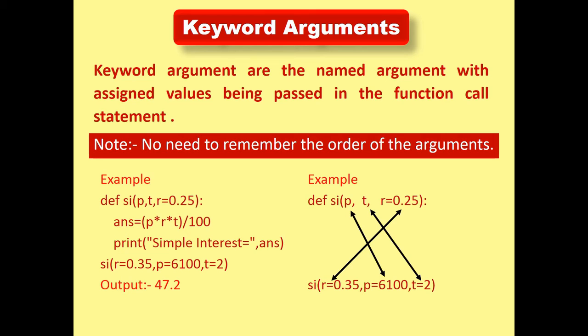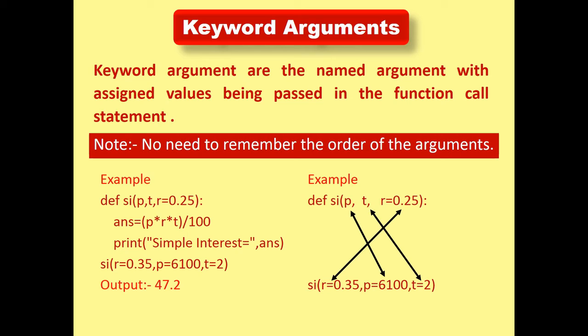If you attentively see the example, in the function call I have written r is equal to 0.35, comma, p is equal to 6100, comma, t is equal to 2.